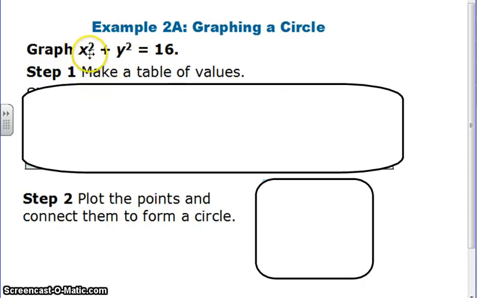If we have this equation, x squared plus y squared equals 16, we could just choose some values for x and find their partner y value when we input that x. Now, this equation looks like our circle equation, but 16 is not our radius, it is our radius squared. So the radius would actually be 4.